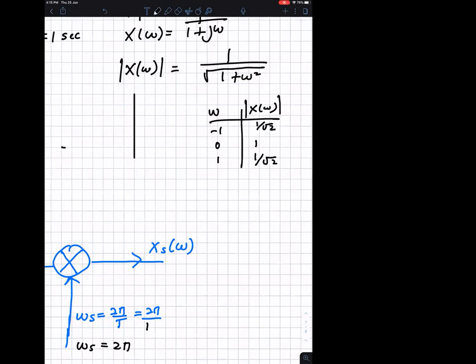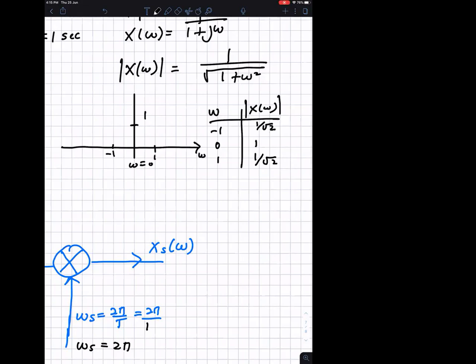In this problem, they give you the equation. So when omega is 0, let's say you have 1 right here. When omega is minus 1, it's 1 over square root of 2, somewhere here.